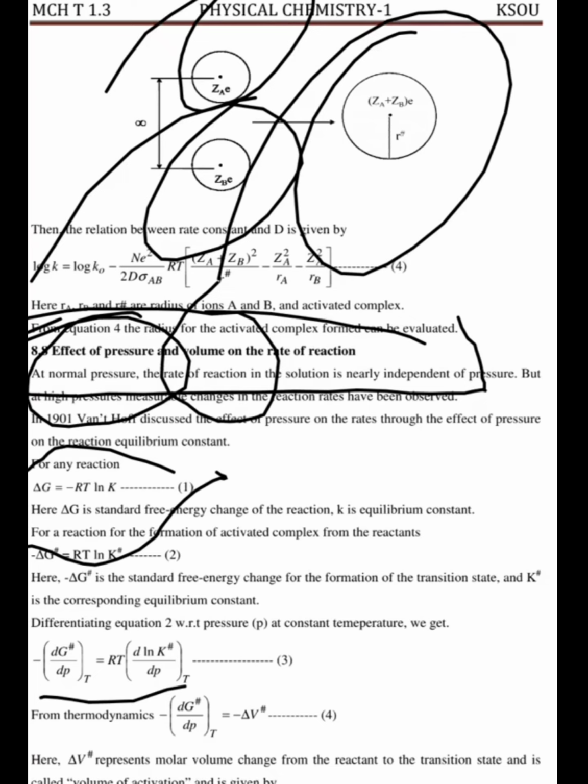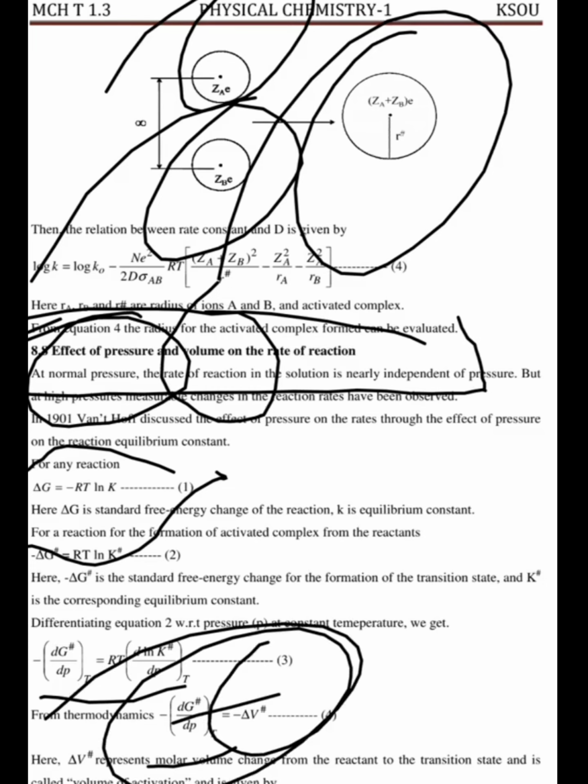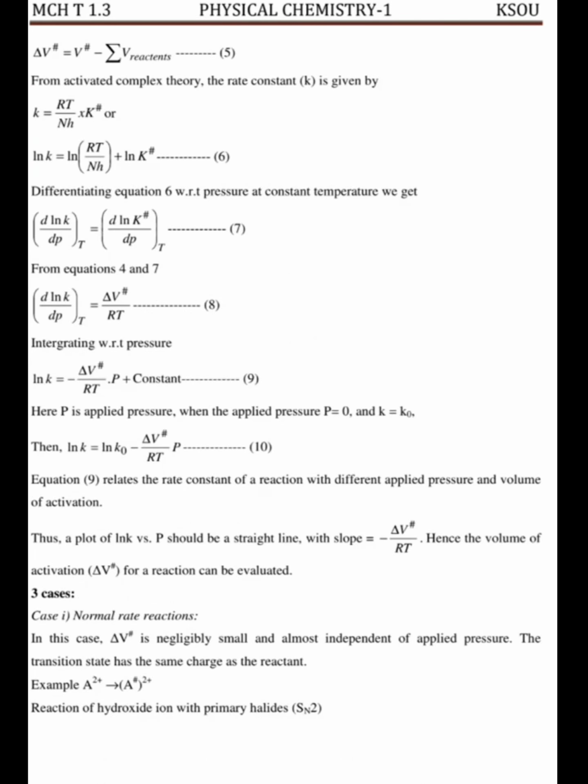Here delta V represents the molar volume change. Whatever volume change occurs in the product can be calculated using the free energy with pressure.